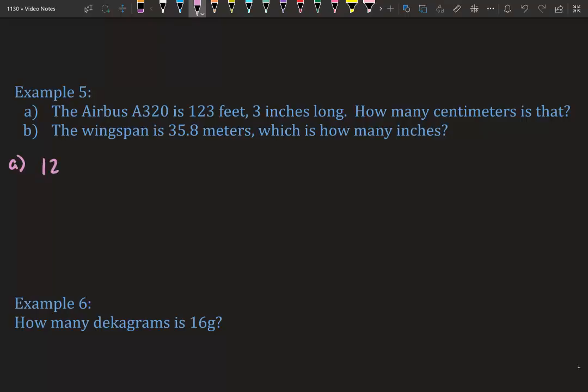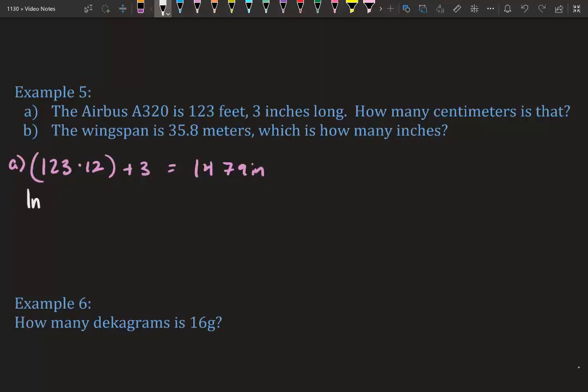So we're going to convert everything to inches. So we have 123 times 12. And then don't forget to add those 3 extra inches. So 123 times 12 plus 3, we get 1,479 inches. Alright, now that we have everything converted properly, let's start making inches into centimeters.